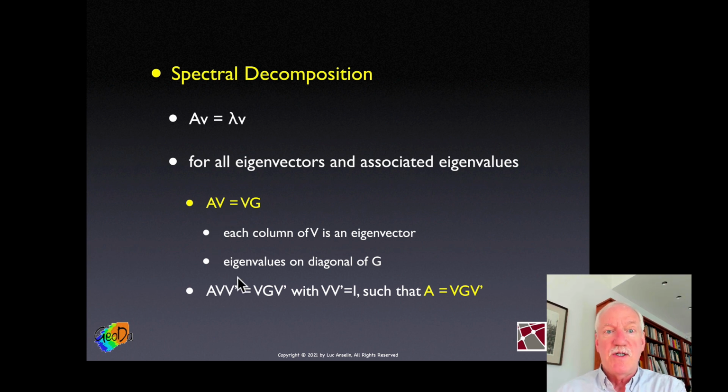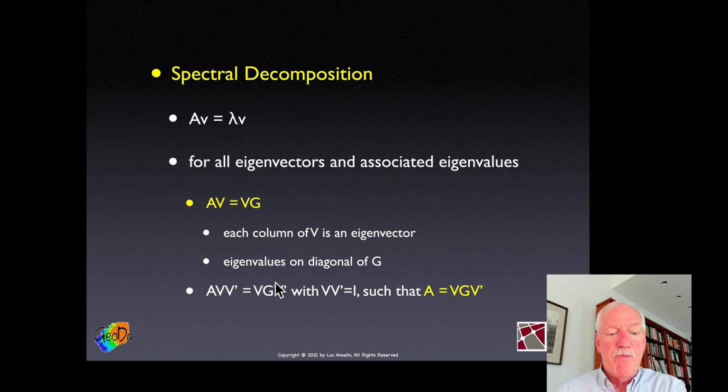And as I mentioned, these eigenvectors are specific. They are orthogonal to each other, which means that if you multiply one eigenvector with itself, the result is 1. If you multiply an eigenvector with another eigenvector, the result is 0. In other words, the product of V times V prime is an identity matrix, so the result is just the matrix A. So on the left-hand side, we have the original matrix A that we started with.